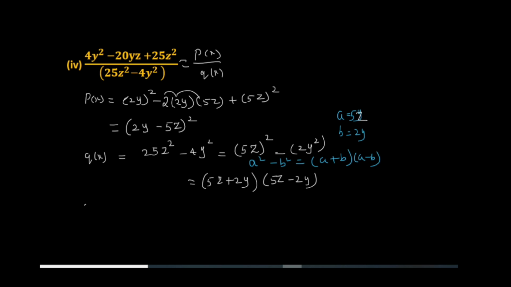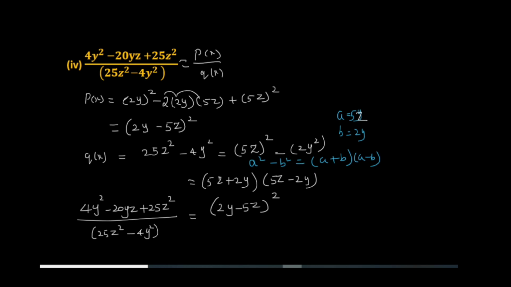Now taking our original question, 4y squared minus 20yz plus 25z squared divided by 25z squared minus 4y squared is equal to 2y minus 5z the whole squared divided by 5z plus 2y and 5z minus 2y.